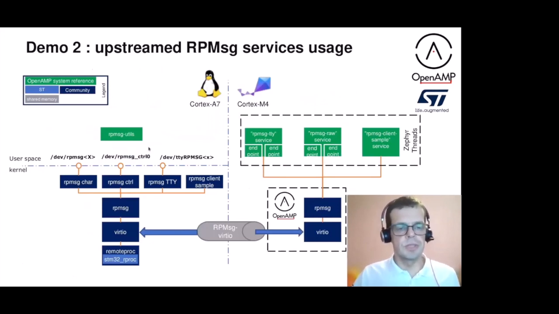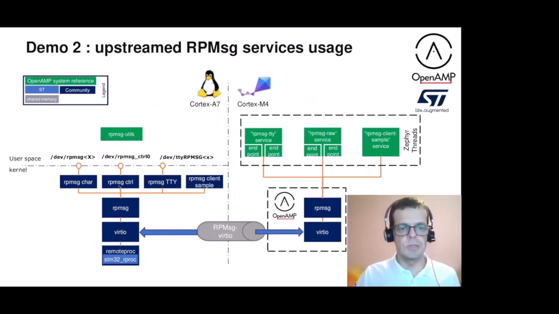For the second demo, we will focus on the RPMsg protocol. On Linux side, we now have 4 generic RPMsg devices. The first one is the RPMsg char, which has been introduced by Qualcomm and is now also available for the Virtio transport layer.